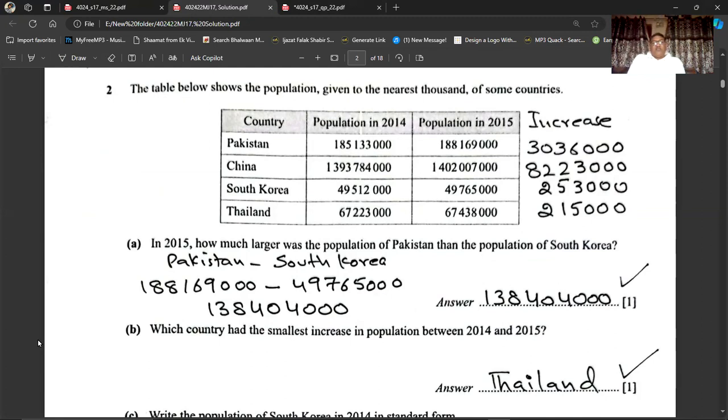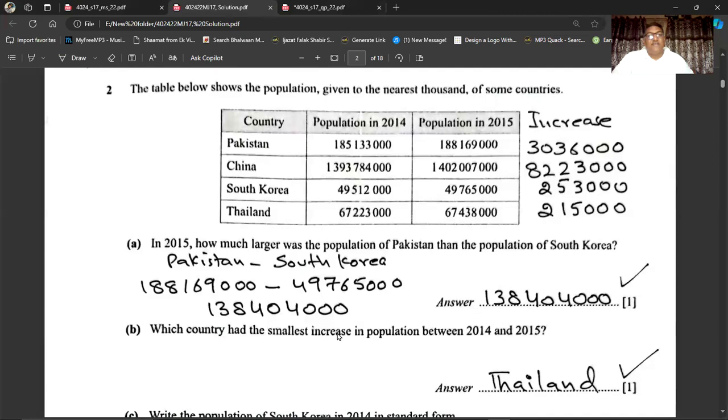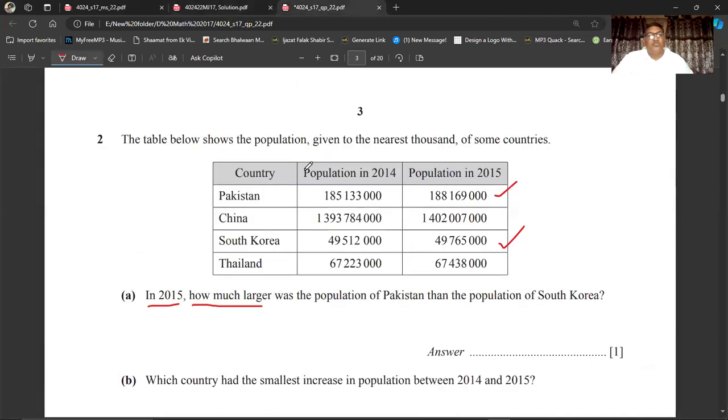So it is 188,169,000 minus 49,765,000, and that will be 138,404,000. So this is the difference, and my answer is right. You can see. Okay, so this is my solution.